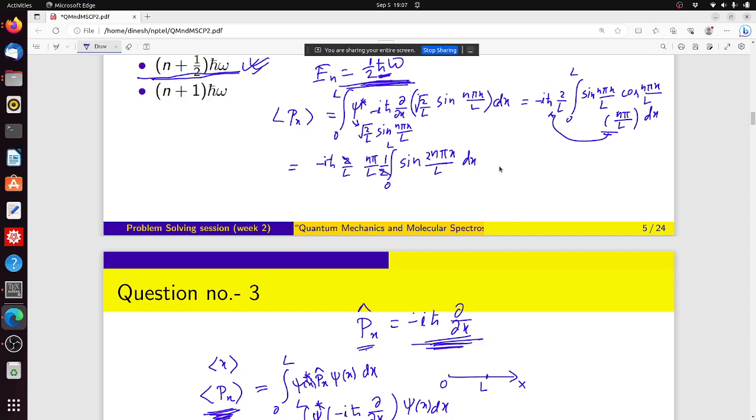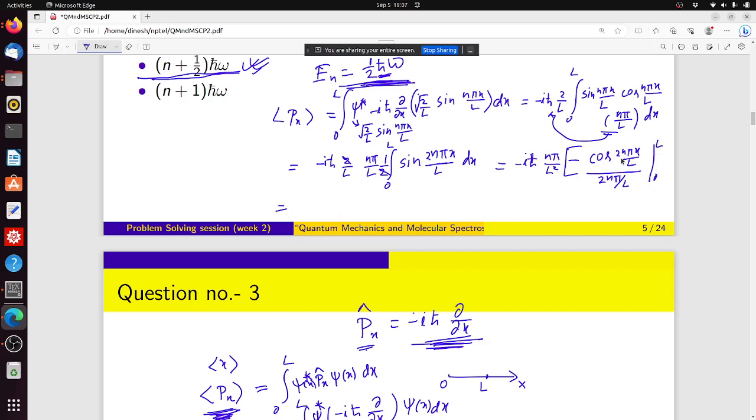The 2 gets cancelled. This is minus i h cross, n pi over L squared. Integration of sine is minus cos, right? Then this is minus cos of 2 n pi x over L, divided by 2 n pi by L. Limit is 0 to L.